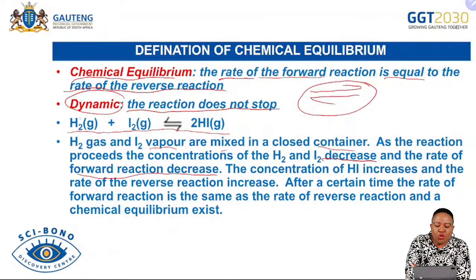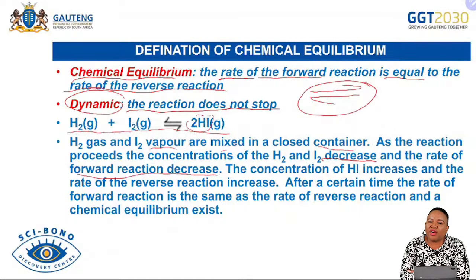Remember, there are two reactions involved. We have a reaction whereby hydrogen and iodine are forming what? Hydrogen iodide. And we also have a situation whereby hydrogen iodide is going back and forming hydrogen. So remember, there are two reactions occurring here, and we need to identify the reactants of the forward reaction and the reactants of the reverse reaction, the product of the forward reaction and the product of the reverse reaction.